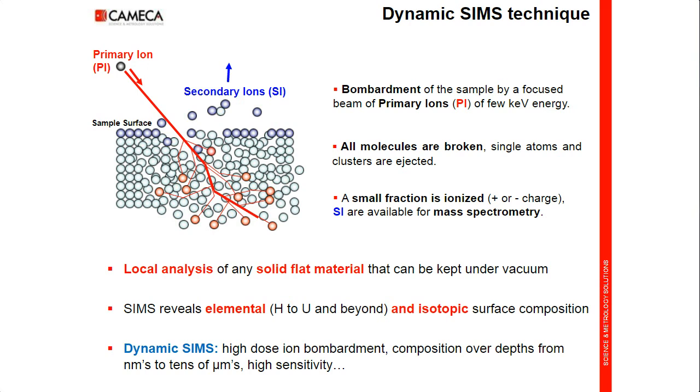It utilizes a high-dose ion bombardment that is able to erode successive layers of the sample, providing information about elemental and isotopic composition over depths that can range from nanometers to tens of micrometers. Still the most sensitive surface analysis technique available, dynamic SIMS provides elemental detection limits that can reach parts per billion for many elements.